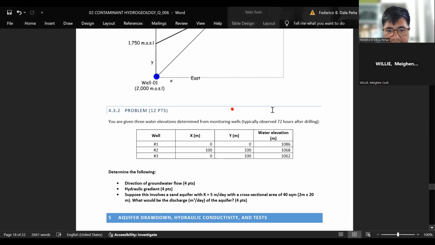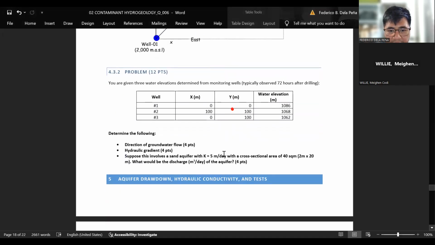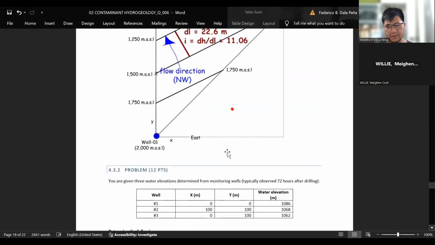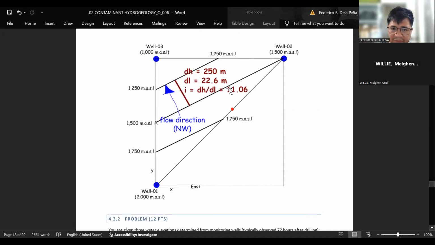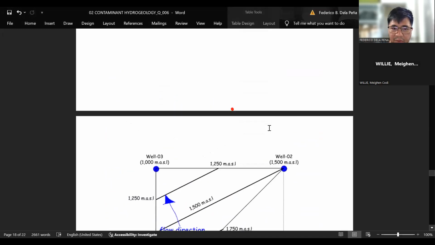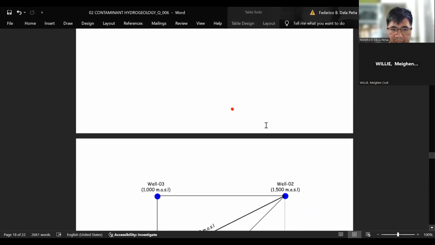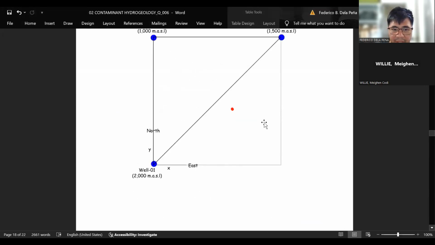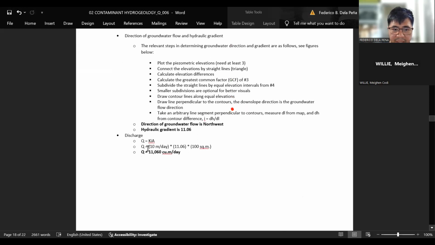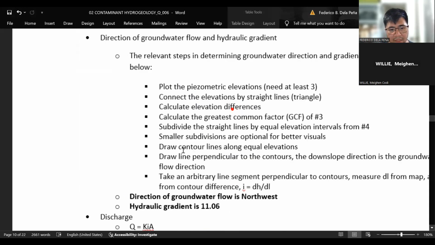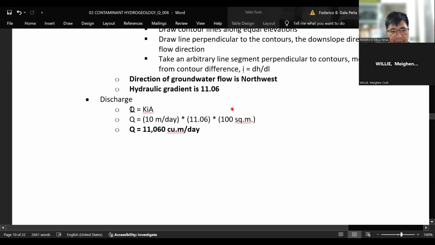Since you already have your hydraulic gradient, you can now go to problem number 3 of the tutorial, which is this one. Problem number 3 is to determine the discharge.